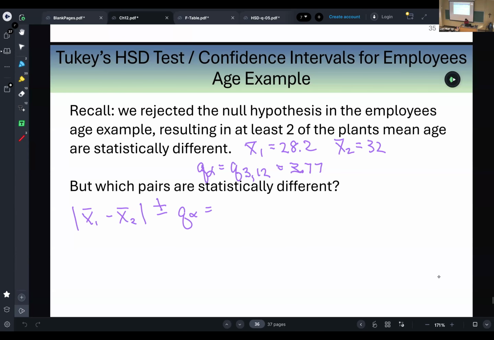This is going to be the square root of the MSE. We get that from our ANOVA table. And so this is going to be the absolute value of 28.2 subtract 32, the absolute value, plus or minus 3.77 times the square root.